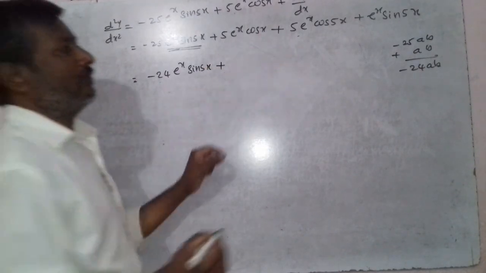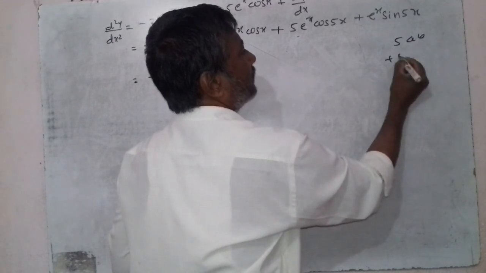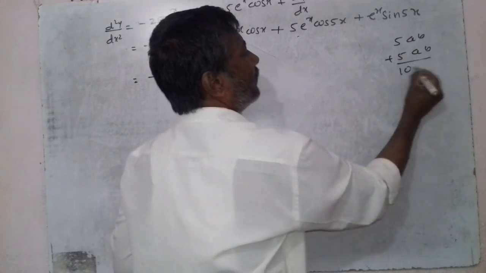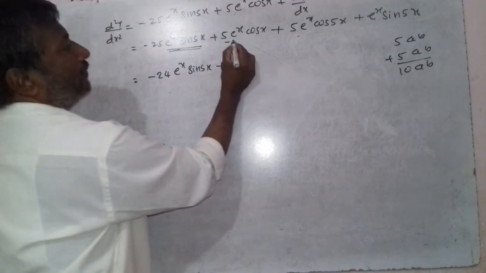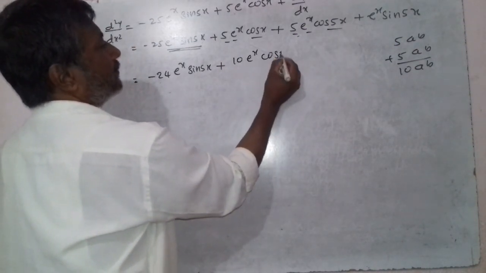Similarly, 5ab plus 5ab equals 10ab, that is 10 e raised to x cos 5x.